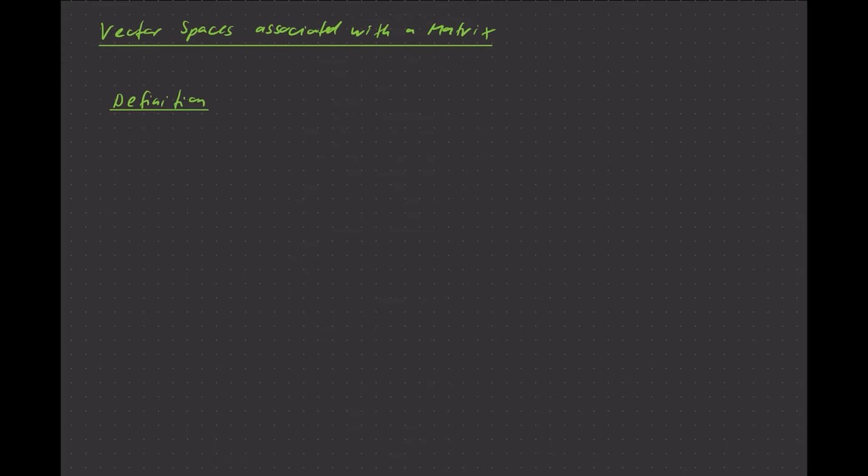What we need, of course, is a matrix. So let A be a matrix with entries Aij, and let's say we have an M by N matrix as usual. And now we define the rows and the columns in a suitable way.